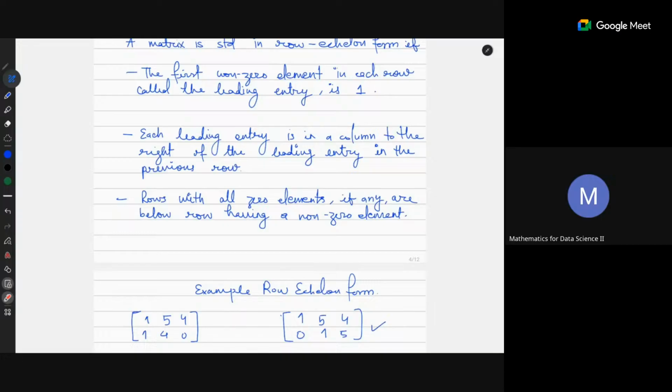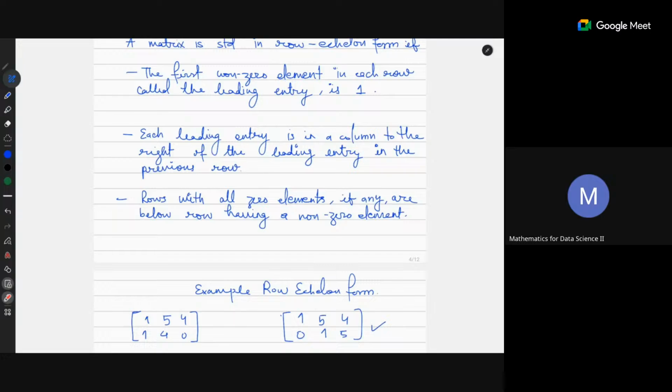Each leading entry is in a column to the right of the leading entry in the previous row. For the second row, the previous row is row 1, whose leading entry is in column 1. So the leading entry of row 2 is in the second column, to the right of the first column. That is what it says.